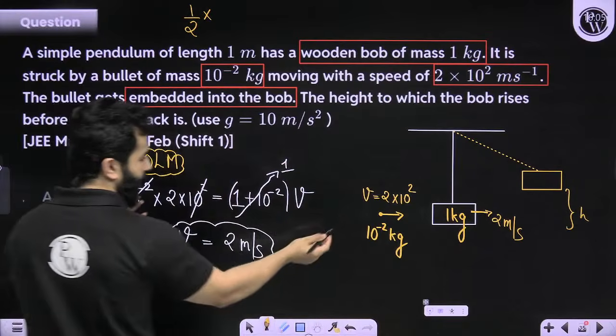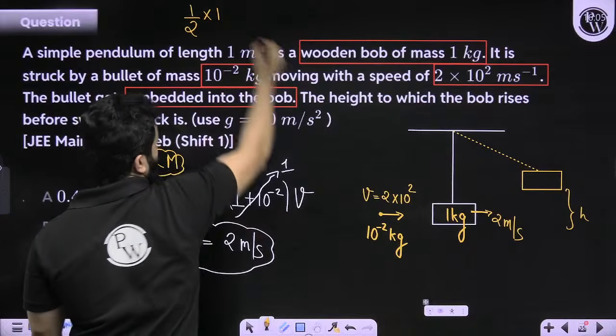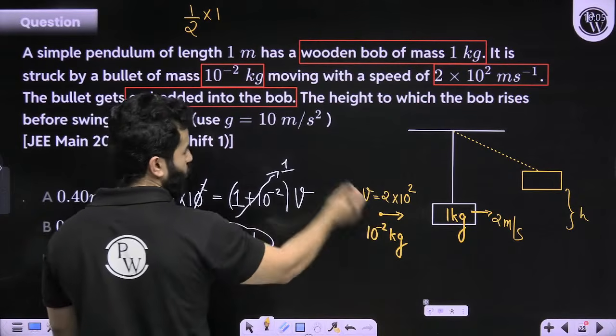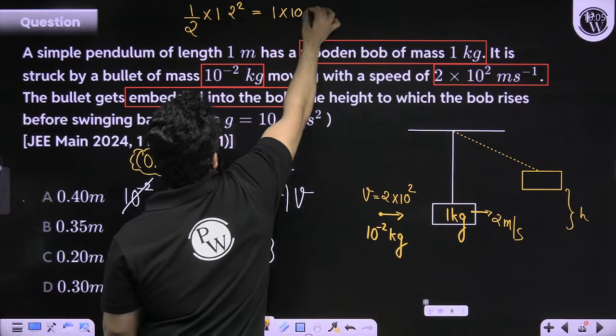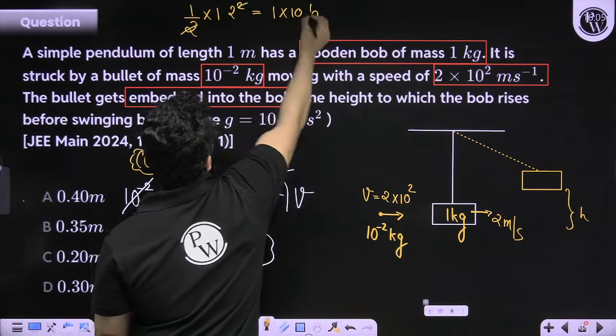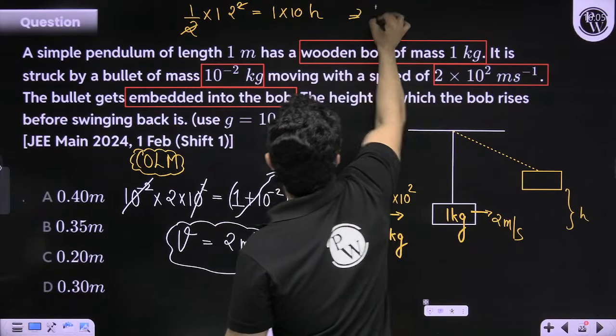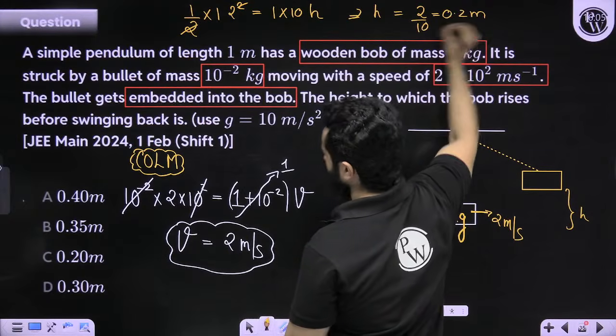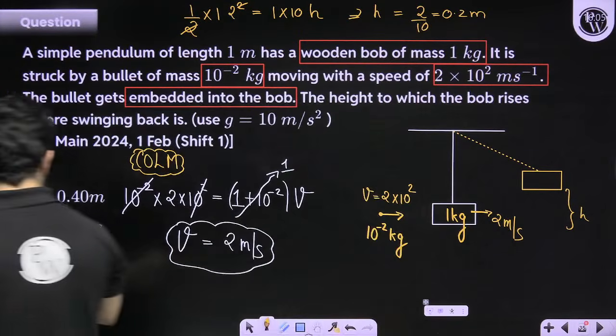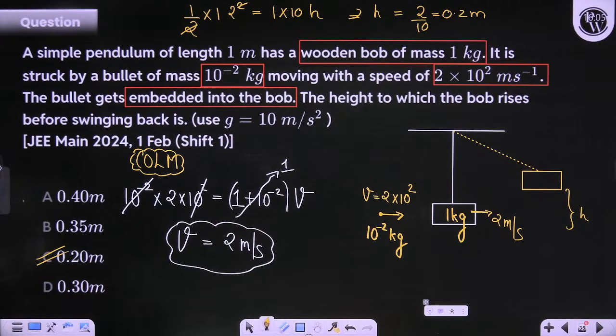So half m into v square, and v is, by the way, 2, so square of 2, is equal to mg into h. So this cancels out. So h will be equal to 2 divided by 10, or 0.2 meter. So this will be nearly around 0.2 meter, my dear friends. If you include the mass also, you must get around the same answer.